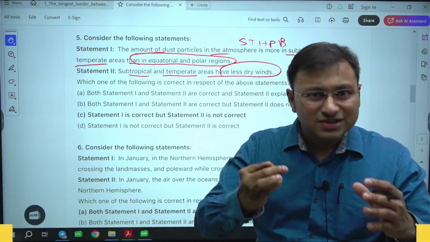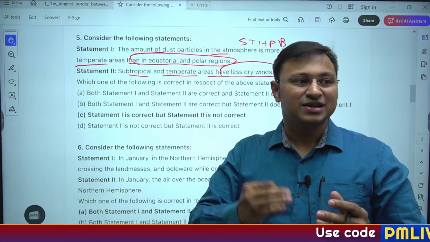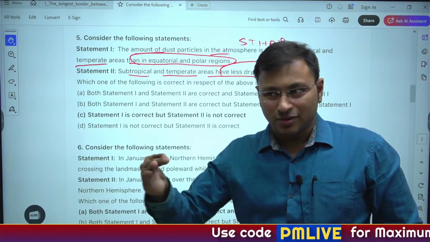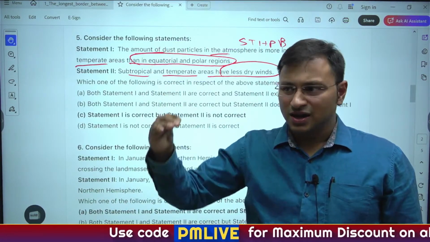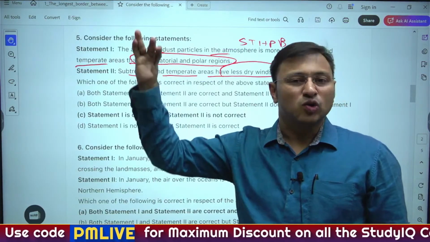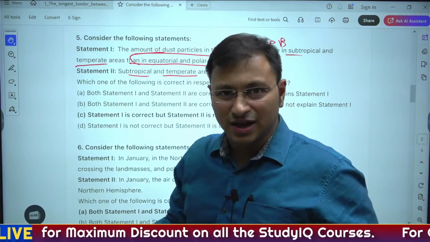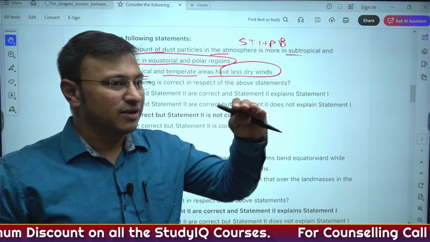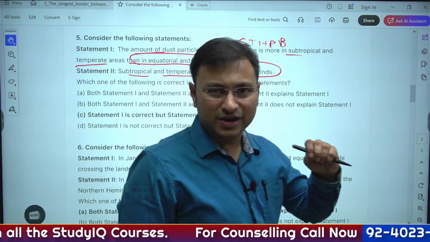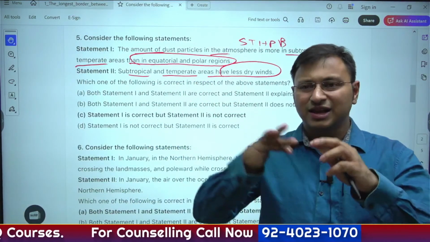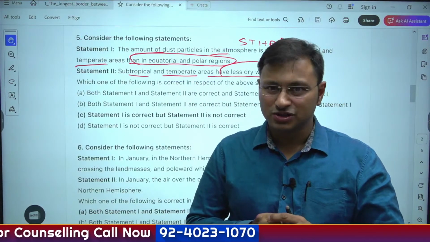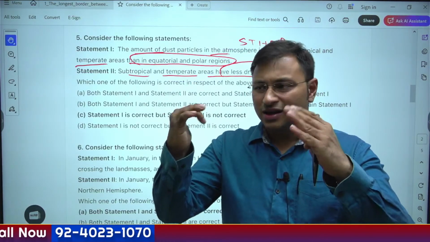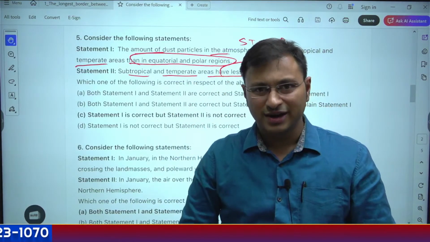It does not have less dry winds, rather it has more dry winds, because as we move up from the equator towards the poles, the precipitation starts decreasing. So when I'm talking about dry winds, the temperate and the subtropical areas are the areas having the subtropical high pressure belt. High pressure belt meaning that you will be having intense solar radiation.